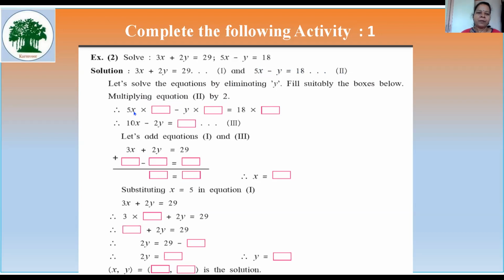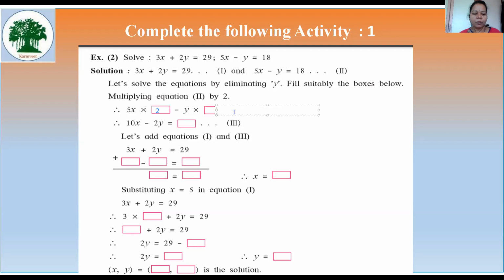So we multiply 5x by 2. When we say multiply an equation by any number, we have to multiply all the terms on both sides by the same number.